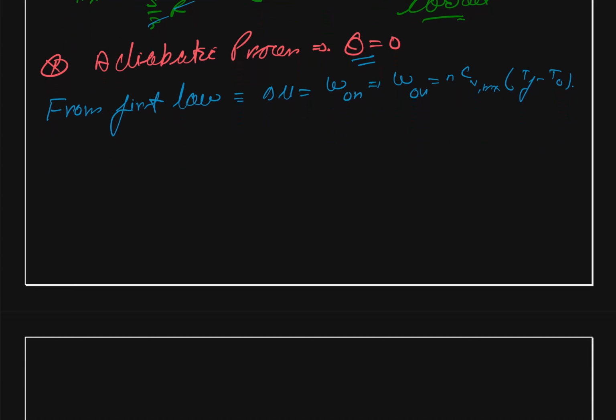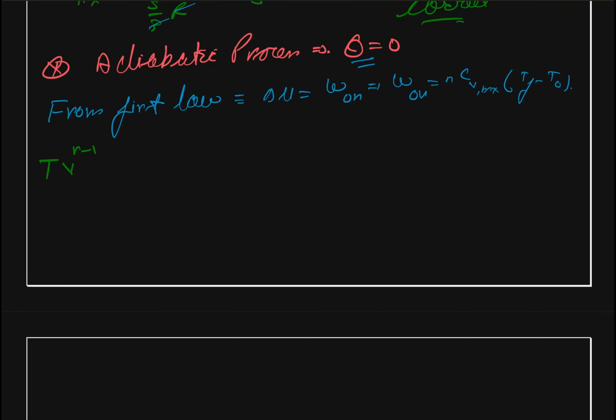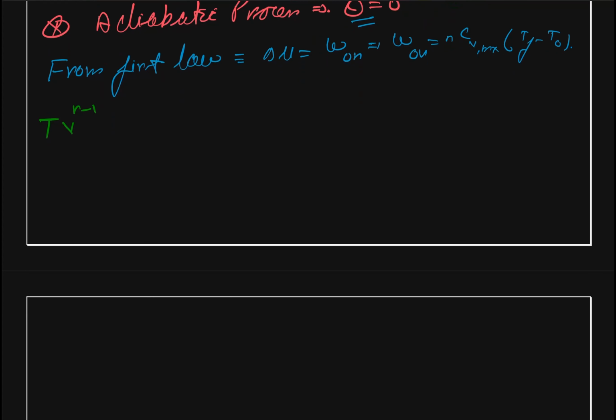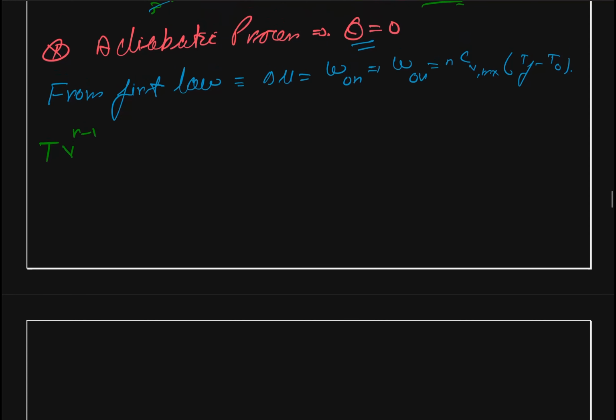For an adiabatic process, T V to the power gamma minus 1 is constant, and therefore we can write T final V final to the gamma minus 1 will be equal to, if we say initial is T naught, V naught to the gamma minus 1.